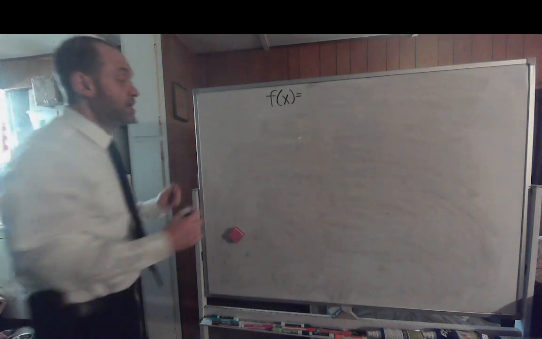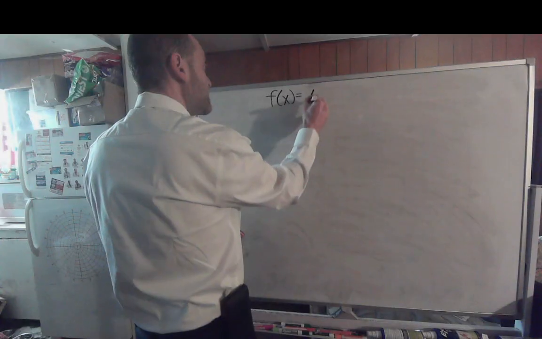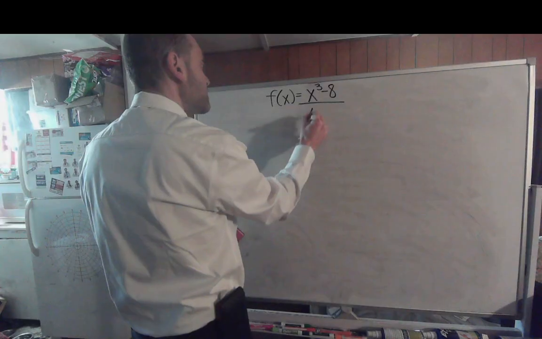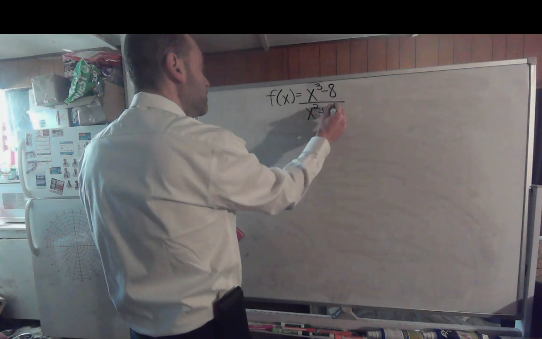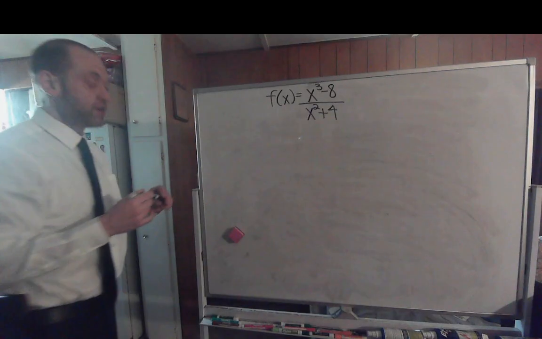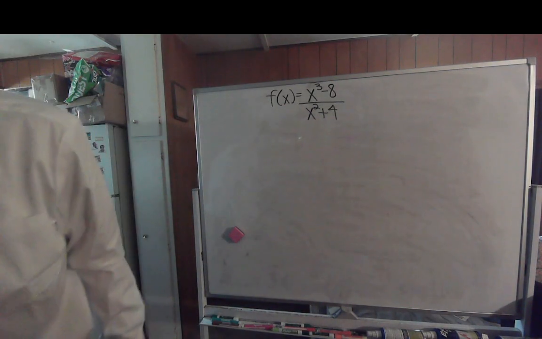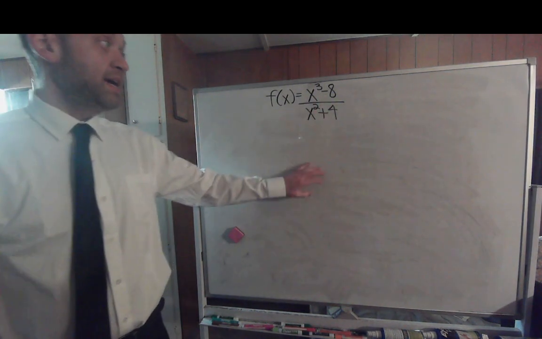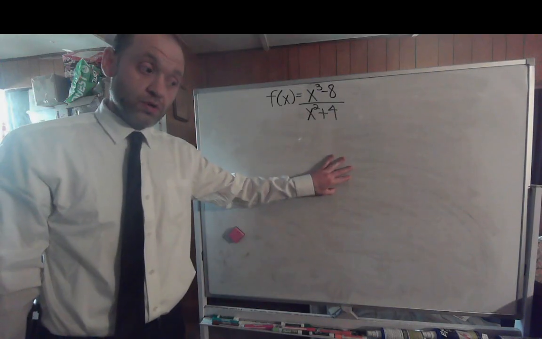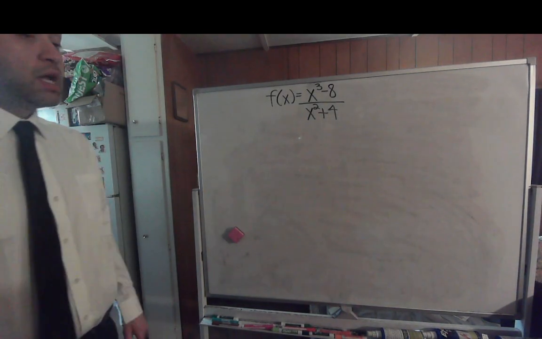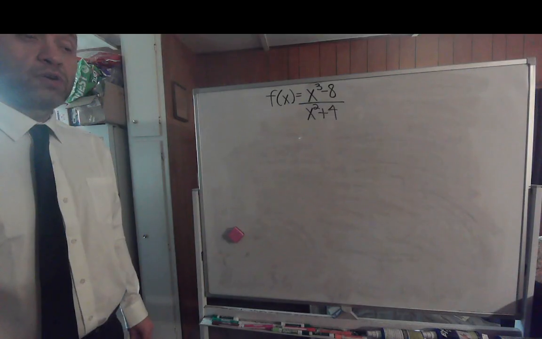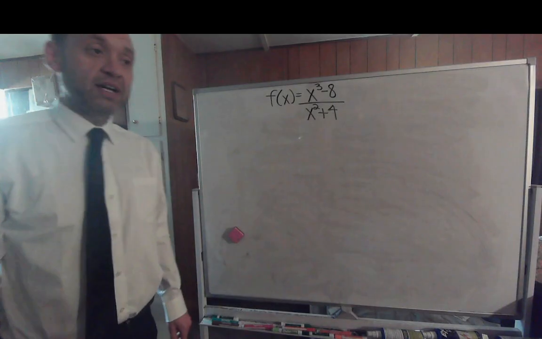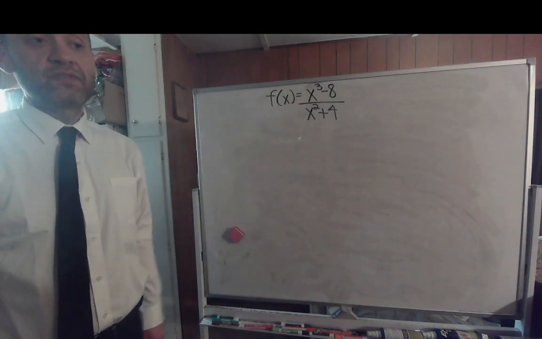Oh, good one. f of x equals x to the third minus 8 all over x squared plus 4. Very good one. Let's look for vertical asymptotes. Are there any values of x that would make the denominator undefined?